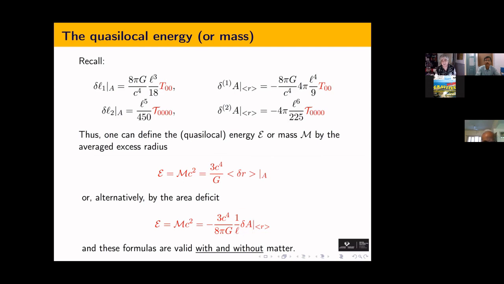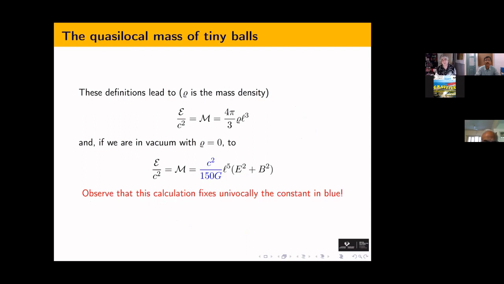Alternatively, you can say, and this is exactly the same definition, compute the deficit of the area, keeping the radius constant, and multiply by this factor. Both of these formulas are valid with matter and without matter, so at first order in the curvature and second order. Now, if you use this as a definition of the energy, this is what you get.